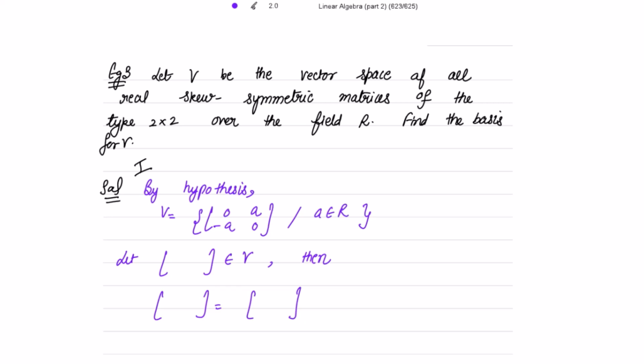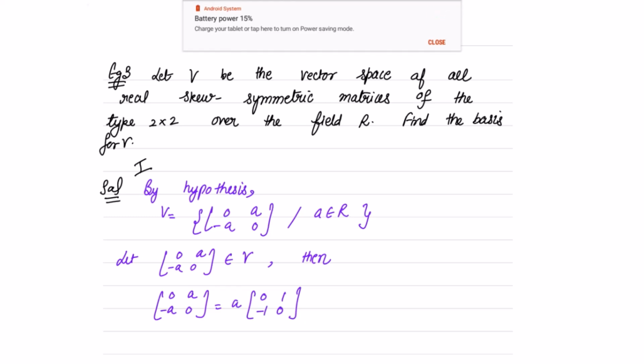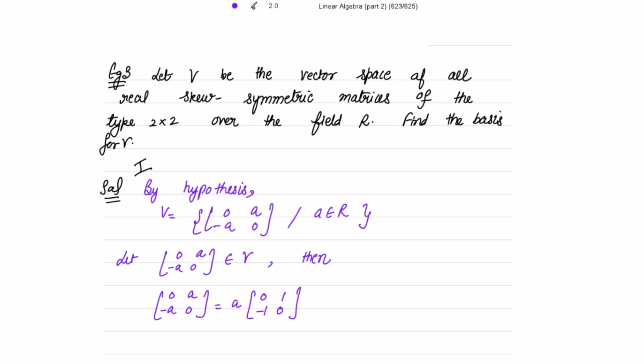Let's take one element from V. How can I write this? Taking A common, this can be written as A [0, 1; -1, 0], which means this is a linear combination of [0, 1; -1, 0].